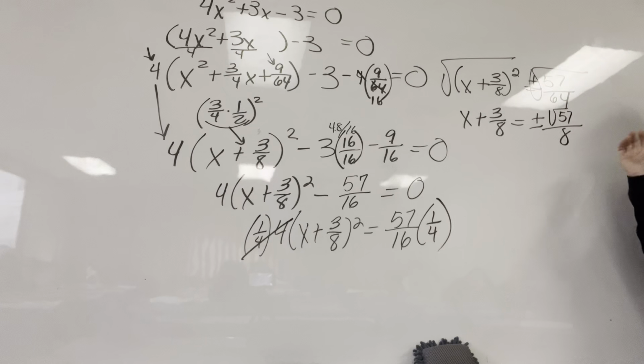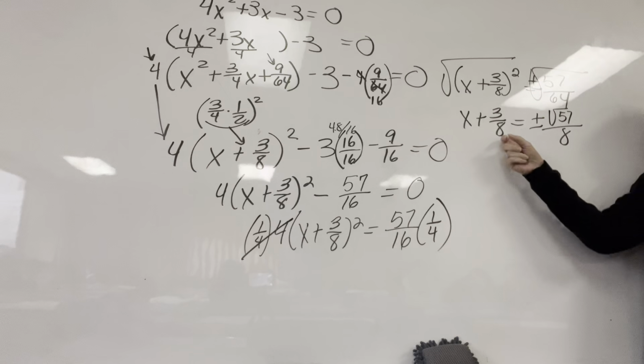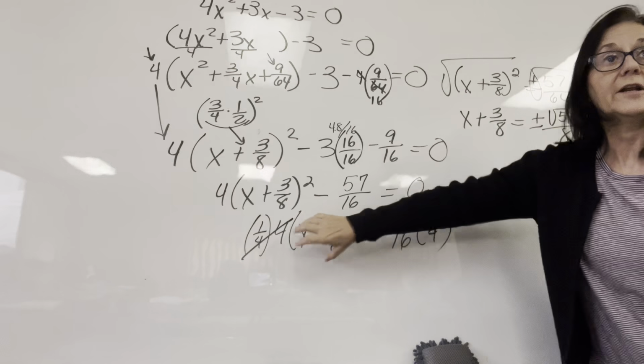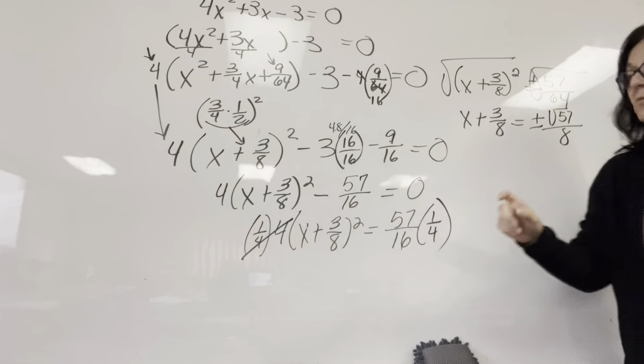Okay, this is always the pattern typically with these types of problems. The denominator inside your binomial squared is always going to be what you end up with here. That's a pattern. Subtract the 3/8. X is negative 3/8 plus minus square root of 57 over 8.